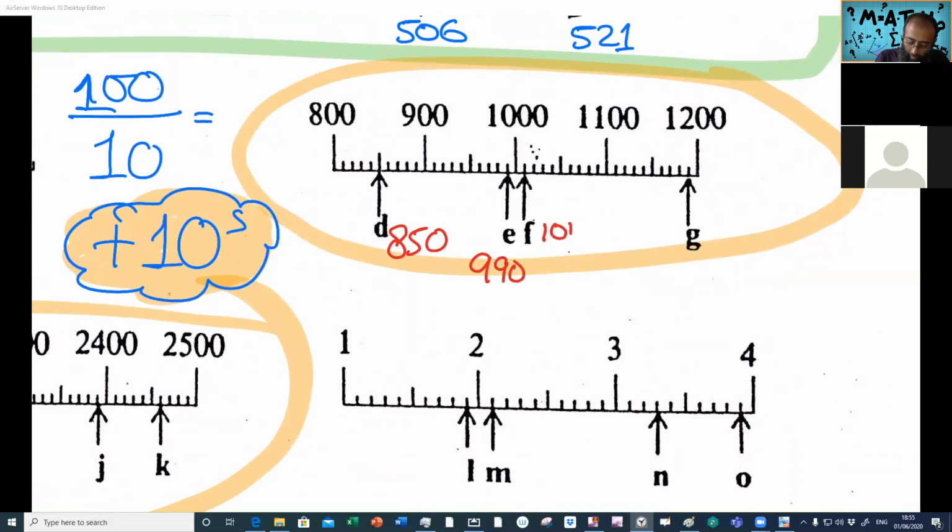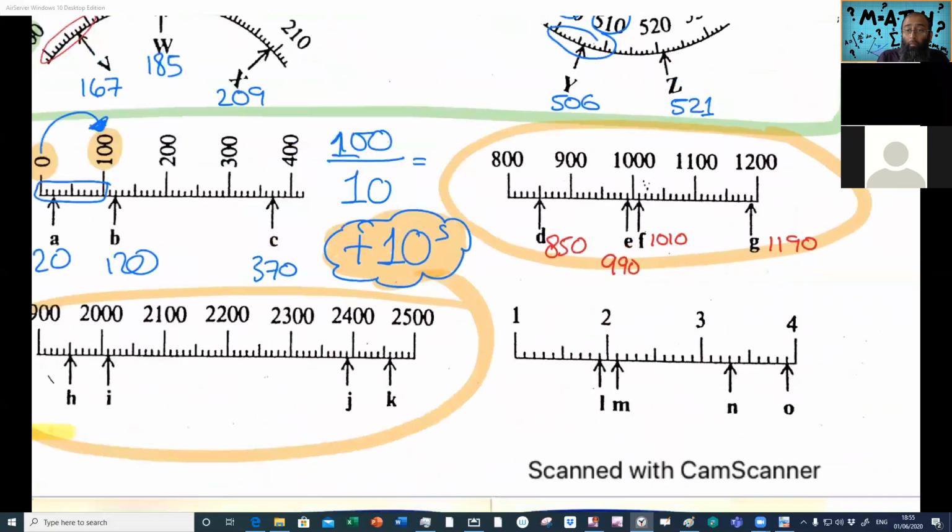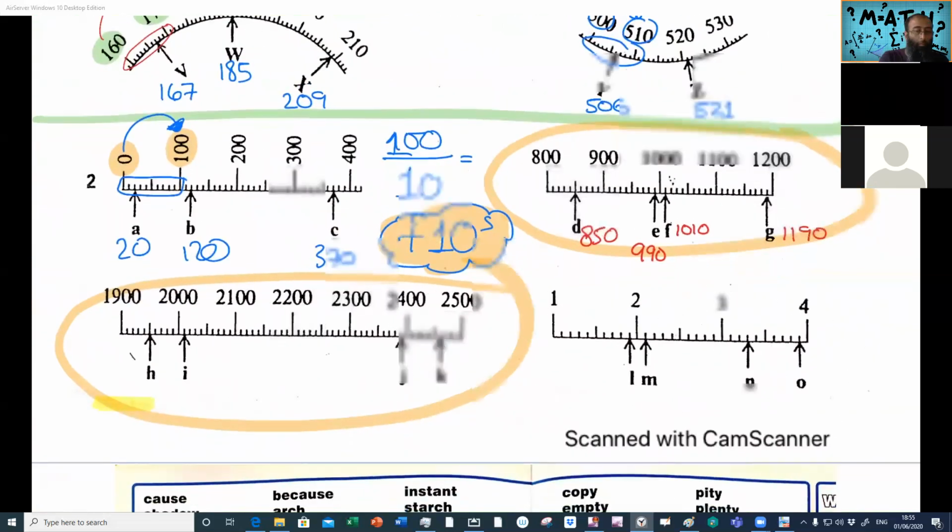Yeah, sure. So don't forget the same scale, we're counting in tens. I'm done. I finished it.